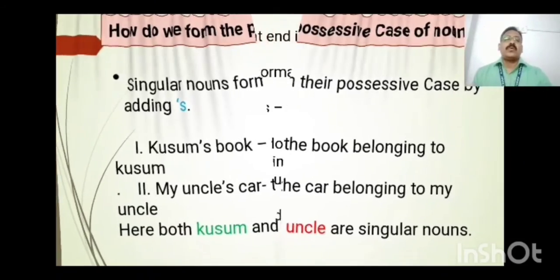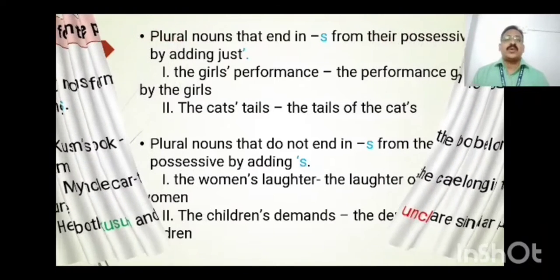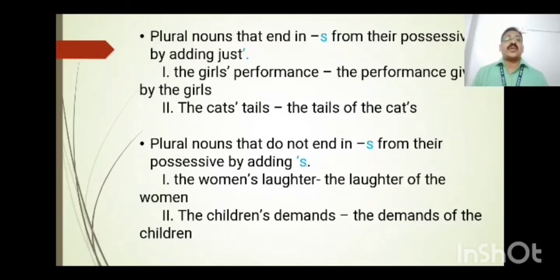Now, when we talk about plural nouns that end with s, they form their possessive by adding just an apostrophe. That means the noun which ends with s in its plural form, we need not put apostrophe s to it; we just put an apostrophe to change it into what?